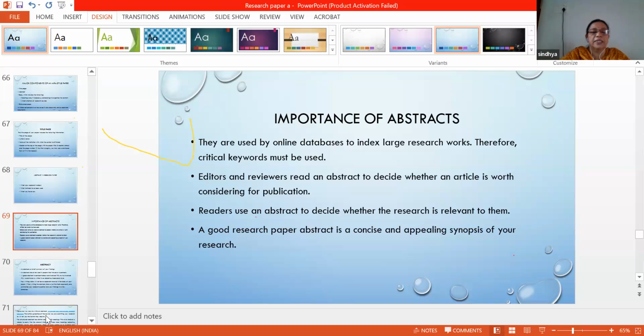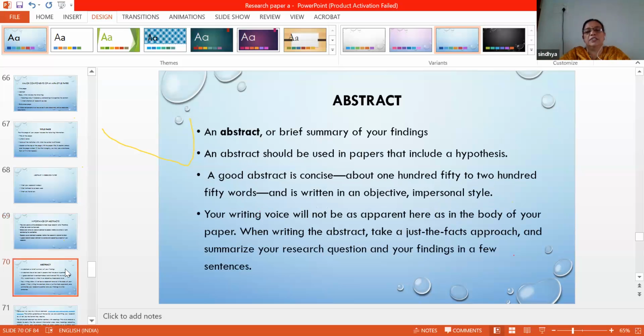So preparing an abstract is one important stage of preparing the research paper. After completing the research paper, you have to prepare the abstract, a brief summary. It should serve its purpose and include a hypothesis.